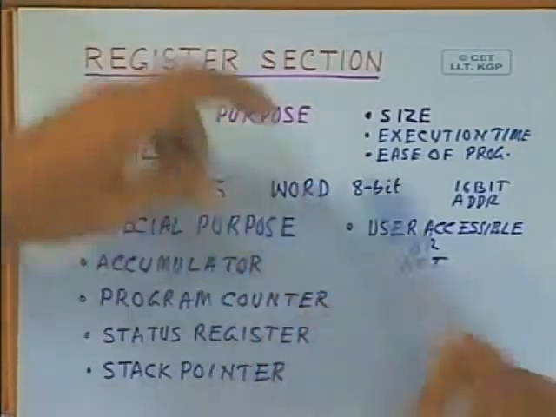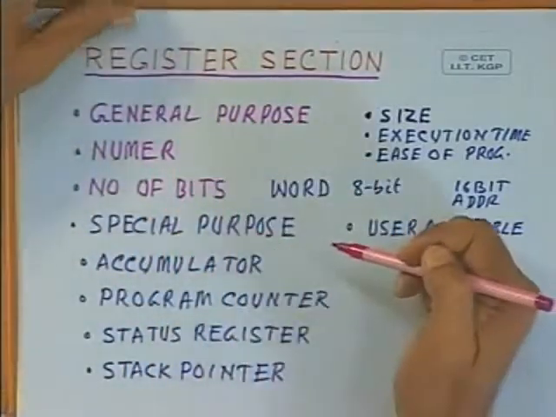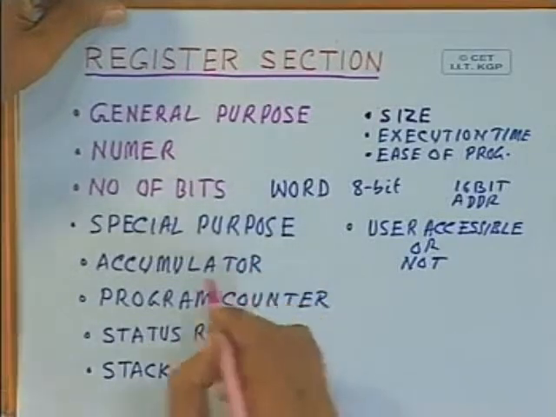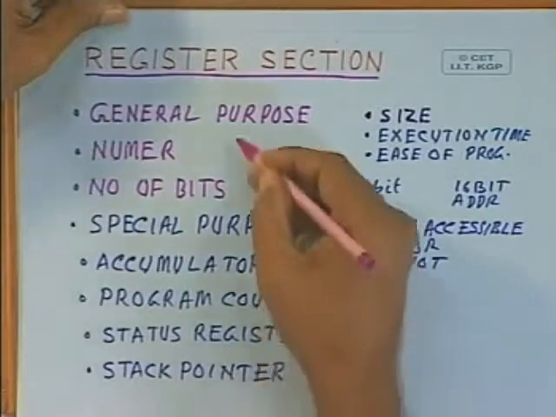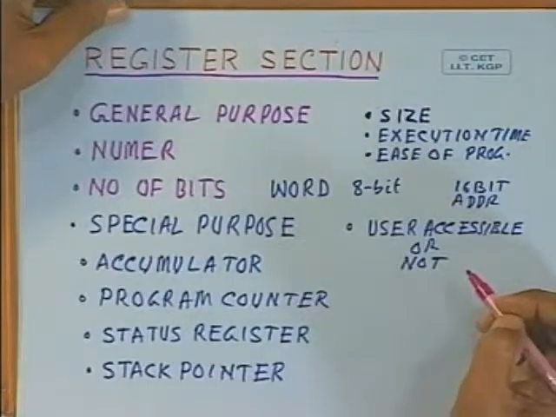The registers that we have discussed so far, for example, the general purpose registers, the special purpose registers that you have mentioned, that is your accumulator, program counter, status register, stack pointer, all these are user accessible. By that I mean, with the help of program, with the help of various instructions, you will be able to access them, you will be able to read them, you will be able to write onto these registers. So that's why it is called user accessible.